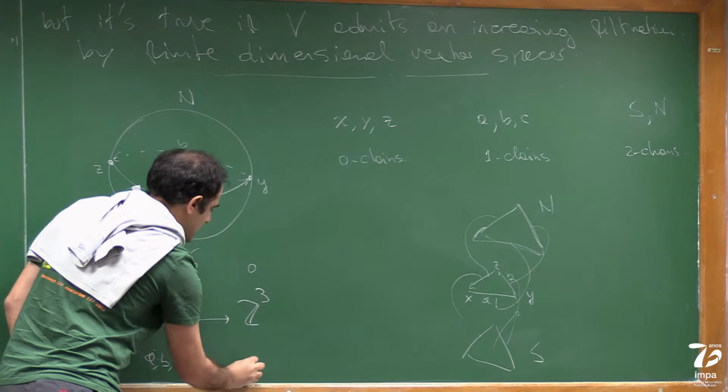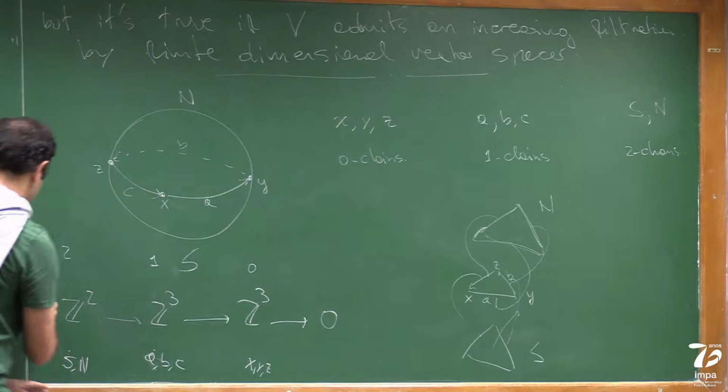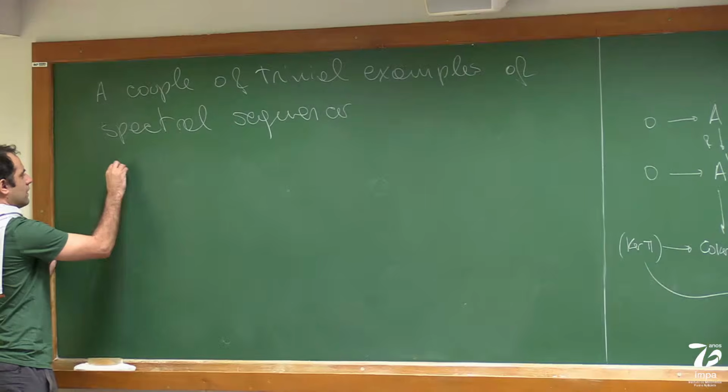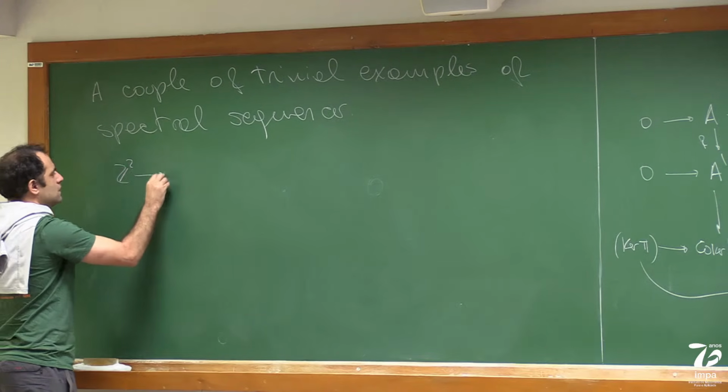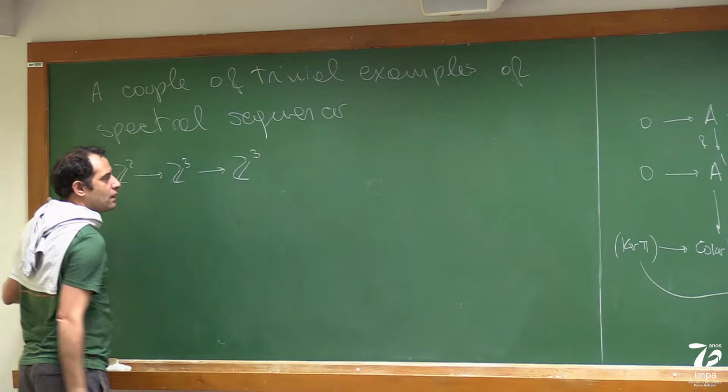The bases are X, Y, and Z. And it goes to 0 and comes from 0. So let's do this here. So I have, again, a Z2 to Z3 to Z3.